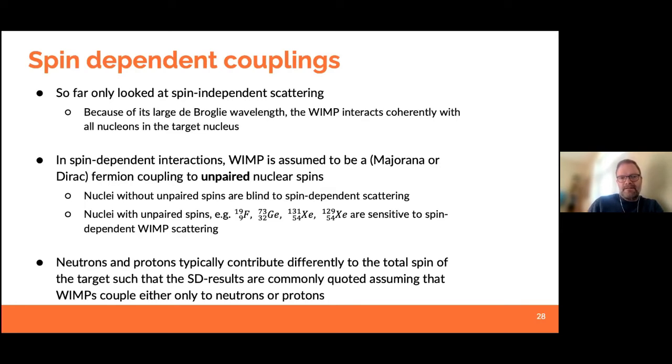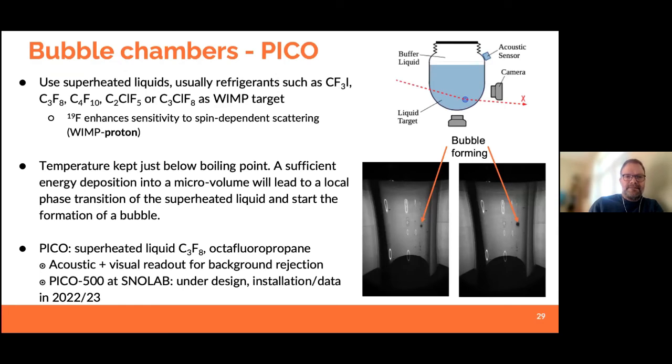One experiment that is rather sensitive to this is the bubble chambers that I mentioned earlier, mainly because they use refrigerants that include quite a lot of fluorine, and this really enhances the sensitivity to spin-dependent scattering, because you have this unpaired proton in your target.